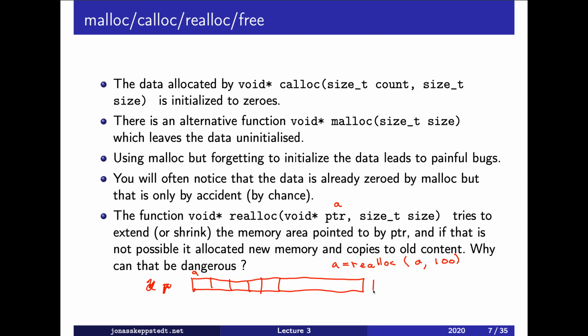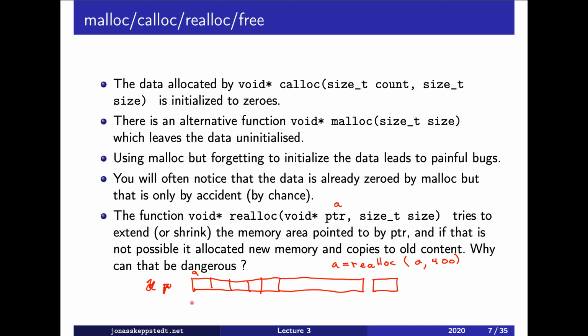Okay, so let's assume that this part was used by something else, and we do this again. Now we say we want 400 bytes instead, and it's not possible to get those 400 bytes just by increasing this, since there is something disturbing us. This one prevents that.